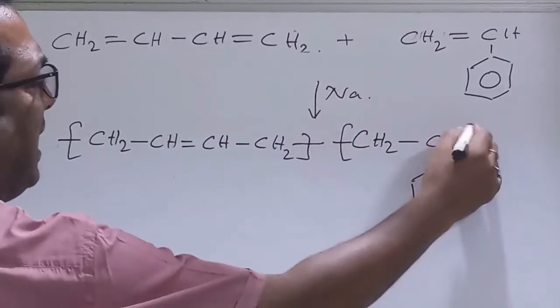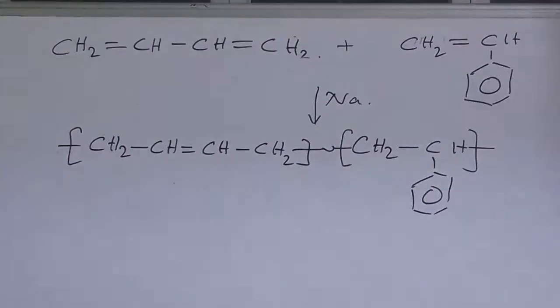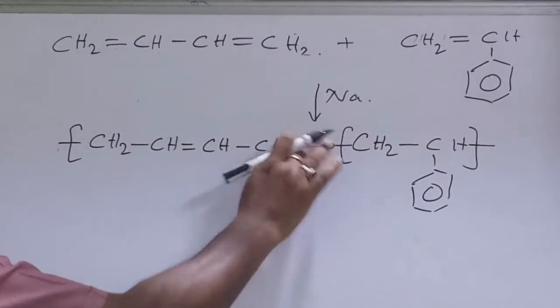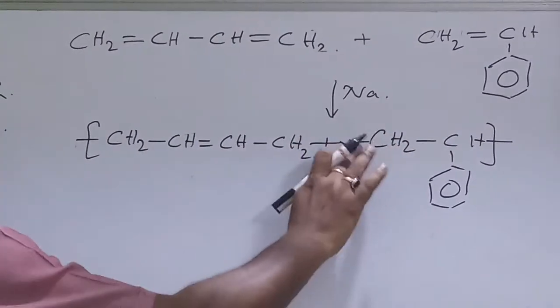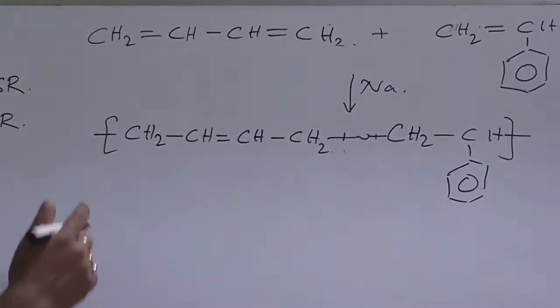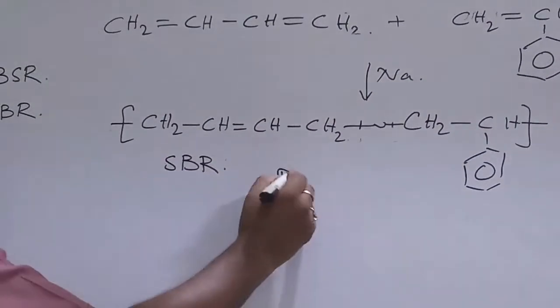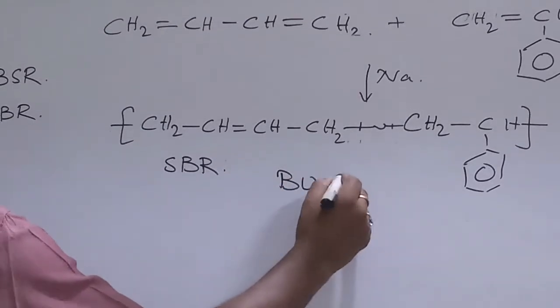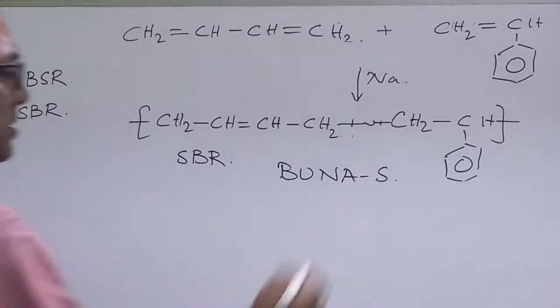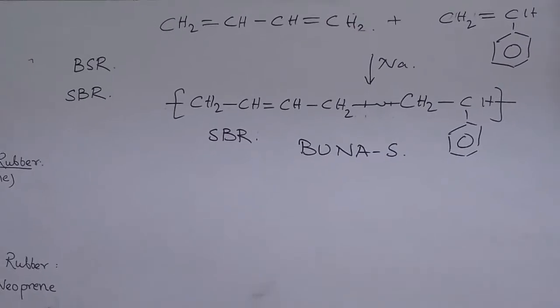So they join hands here, they plug up, and when they join together, they form a monomeric unit called as SBR. This is what we call as Buna S.